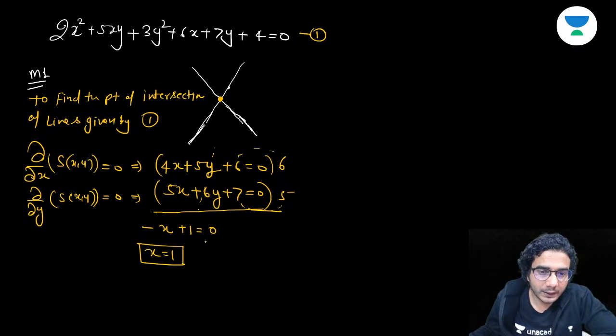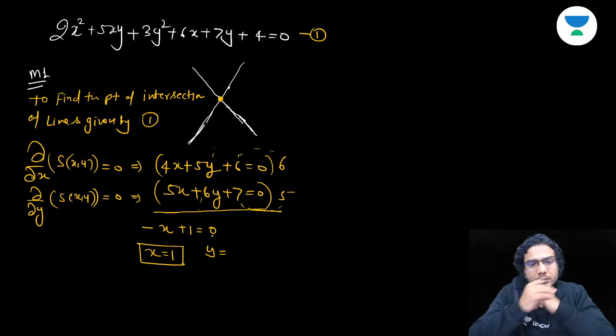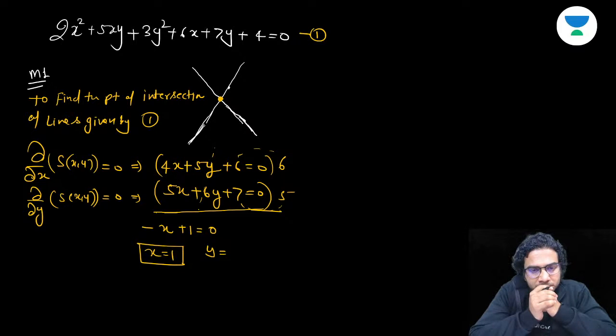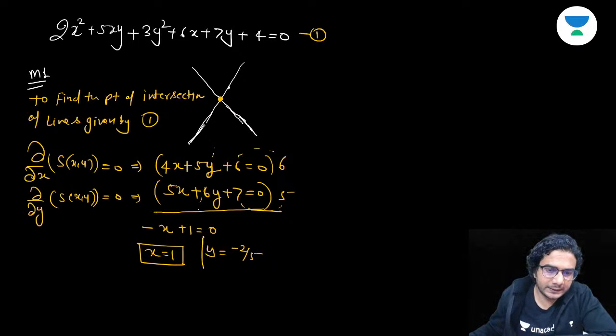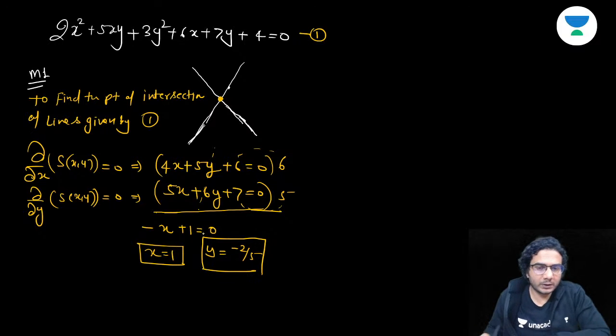Y is not that nice. Alright, whatever it is. Minus 2 by 5. See the calculation. It is 1 comma minus 2 by 5.